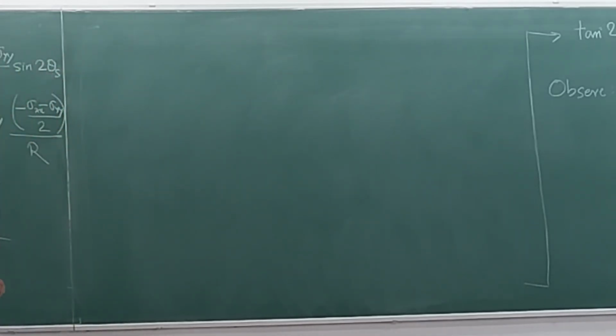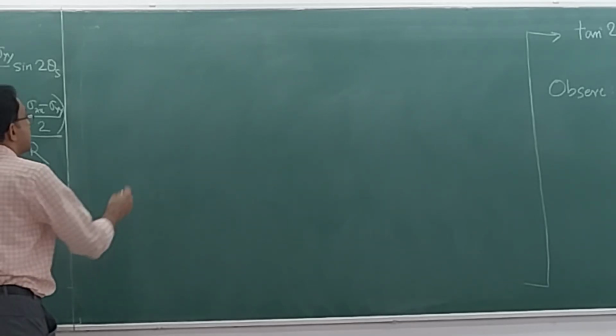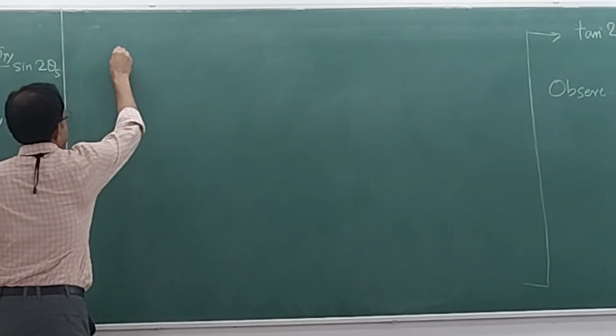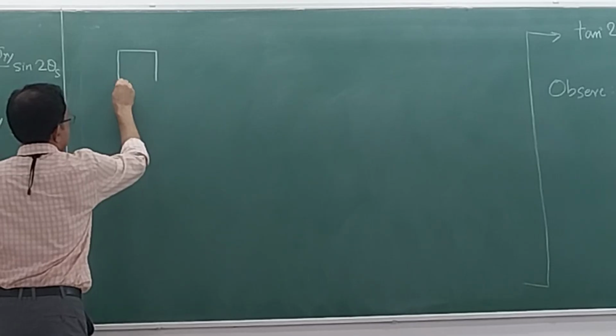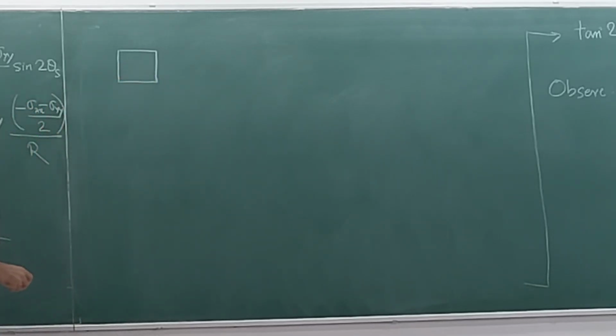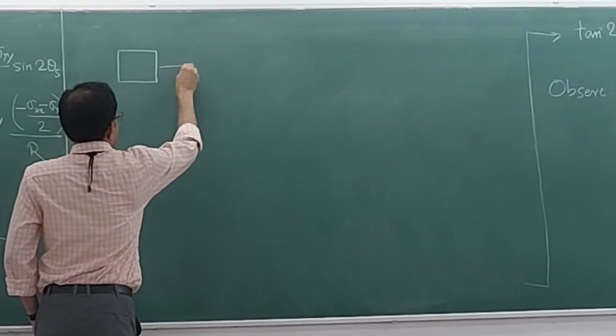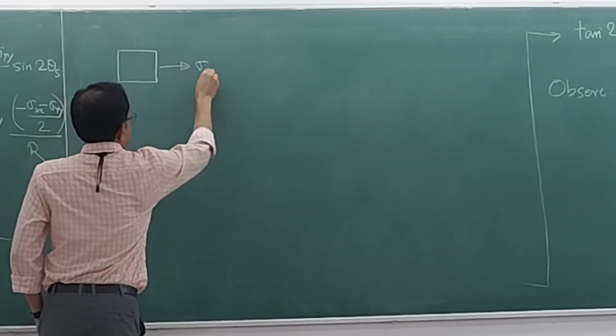Now, let us take a look at a very common kind of stress element depiction, which you will most often see in many textbooks. The reason I am highlighting it like this is that till now we have not drawn any stress element. Maybe in your basic engineering mechanics you have drawn some stress elements. Usually it is depicted like this: you have a square or a rectangle, and on both sides of it, it is written sigma xx.